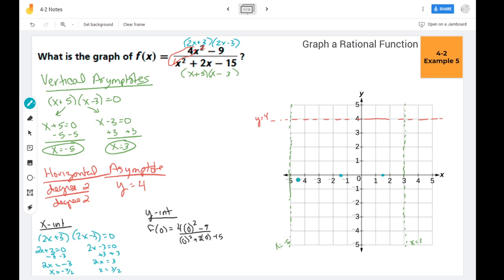So what that means is that between these two vertical lines, my graph is doing something kind of like this. Now it's worth noting, this can go up and touch the asymptote. I'm going to put this into Desmos to check ourselves, but it doesn't necessarily have to touch it.